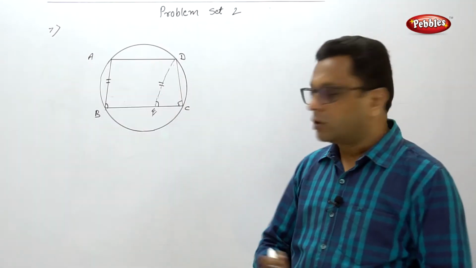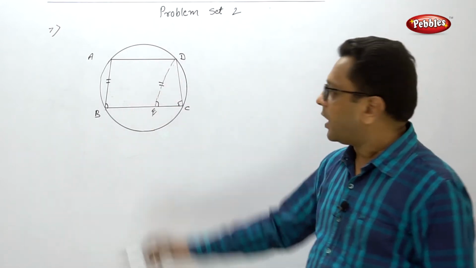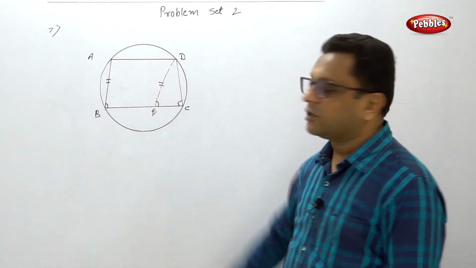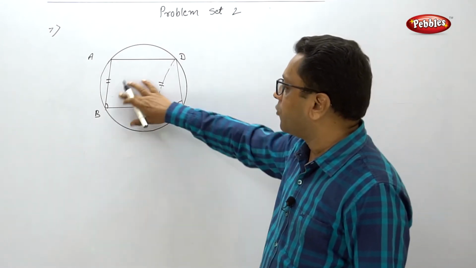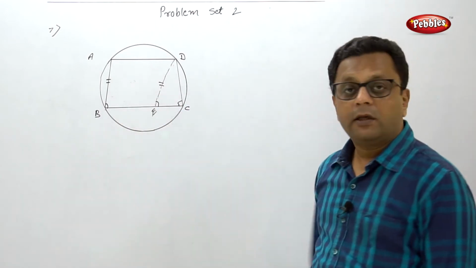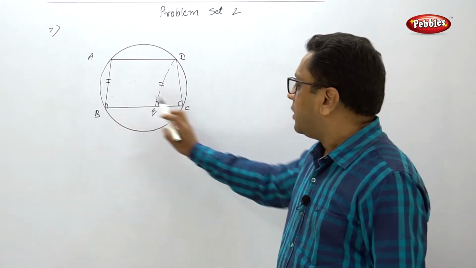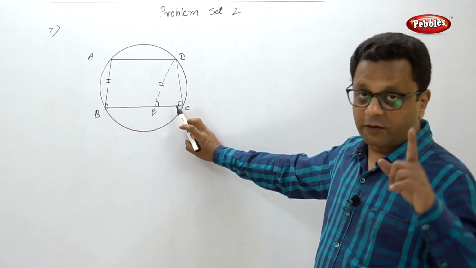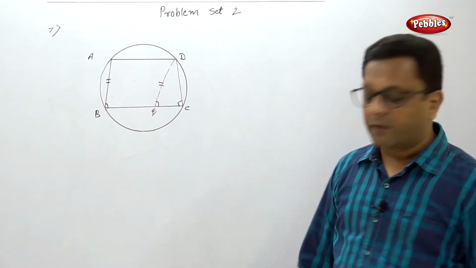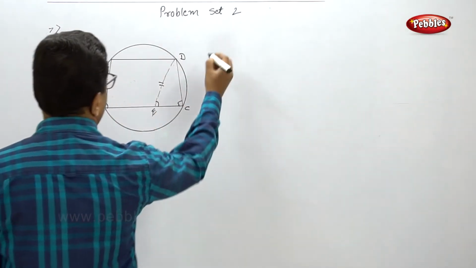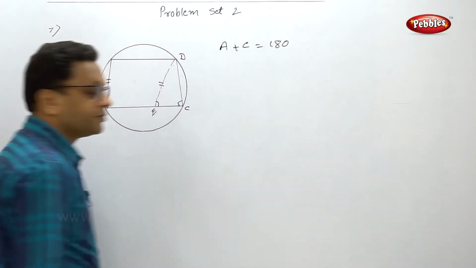So now we have constructed ED parallel to AB, and now ABED has become a parallelogram. Obviously these two opposite sides of parallelogram are equal sides. Now angle B and angle C are congruent, this is given, but A and C are supplementary, that means A plus C is equal to 180 degrees.